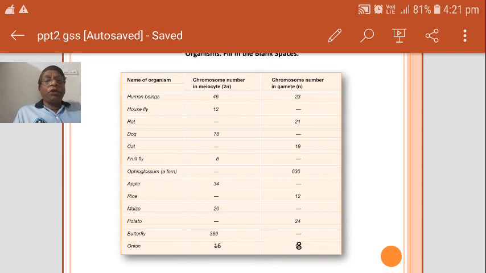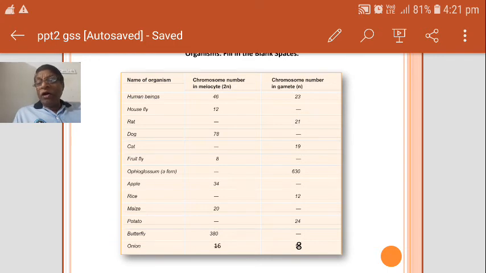In maize plant, no, maize means Zea mays. The gametic number is 10. The diploid number is 20. 2n equals 20.